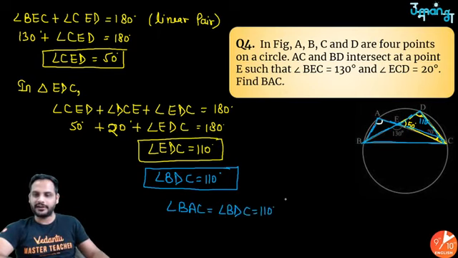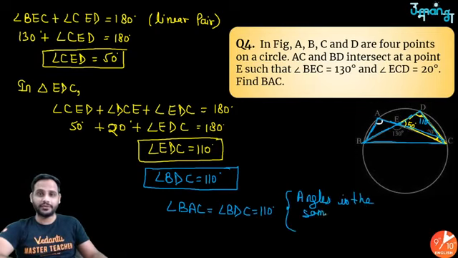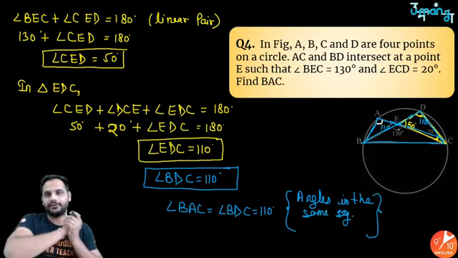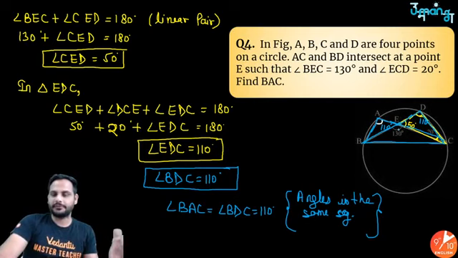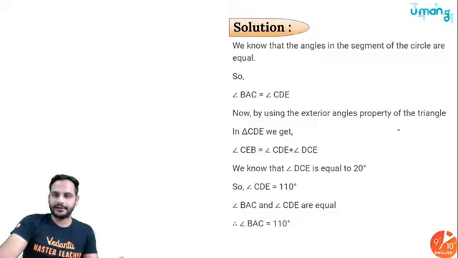Both are equal to 110 degrees. The reason being angles in the same segment are equal, right? So as I have told you, beta, this theorem, angles in the same segment are equal, is very important while solving questions. Got it? So angle BAC will be equal to 110 degrees.